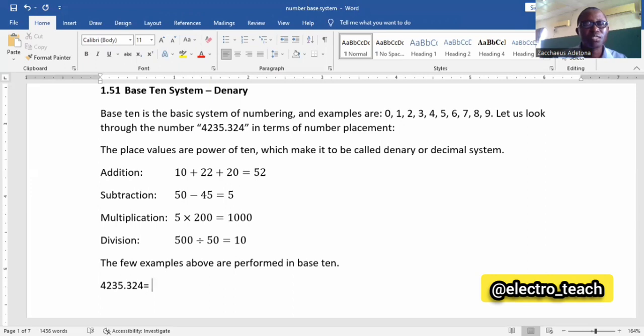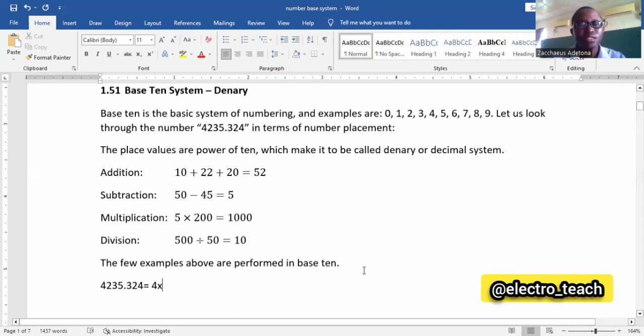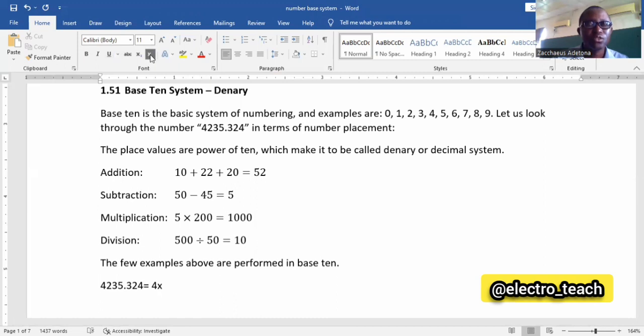For the decimal digits, the 5 has power negative 1, the 2 has power negative 2, and the 3 has power negative 3 of the base 10.